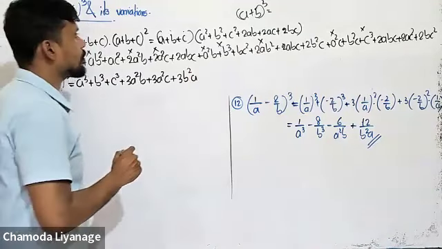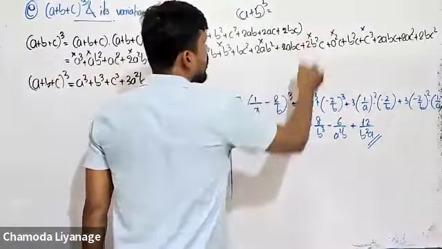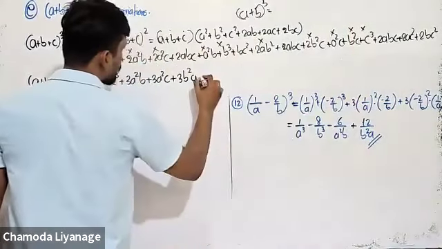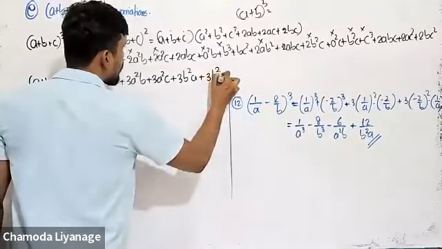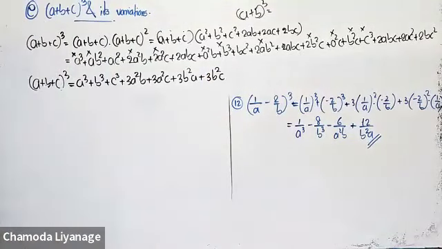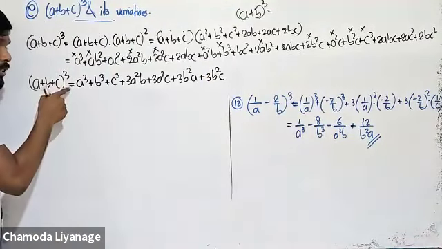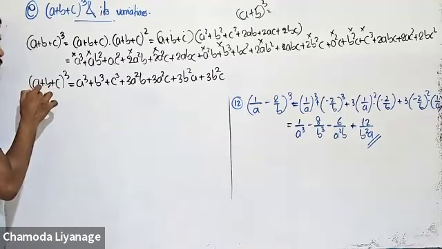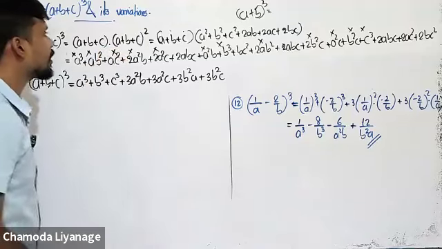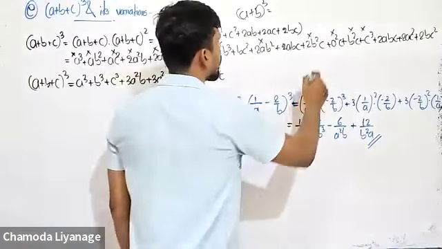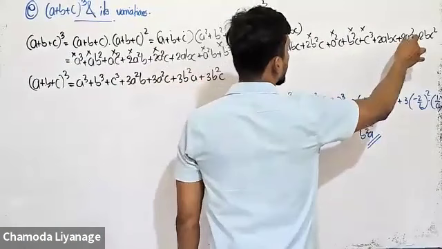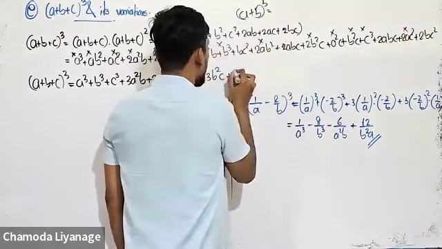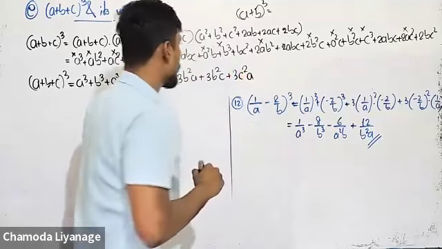b squared into c. 2b squared into c plus b squared into c, 3b squared into c, right? After that, come to c. c squared into a, and this one is also c squared into a, so we have 3c squared into a.